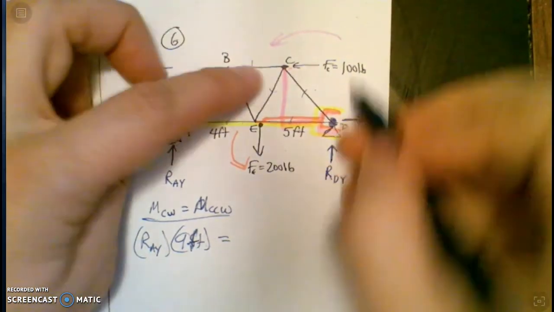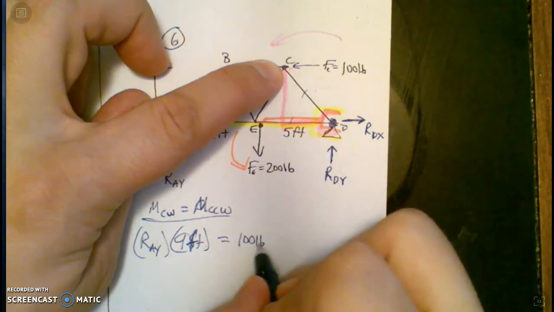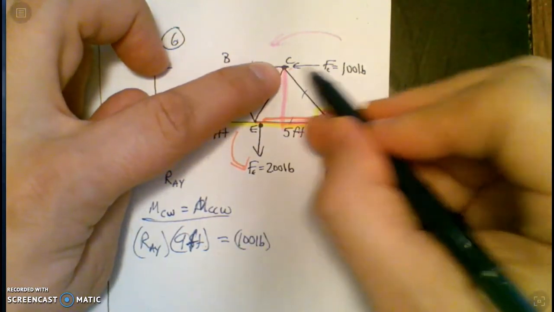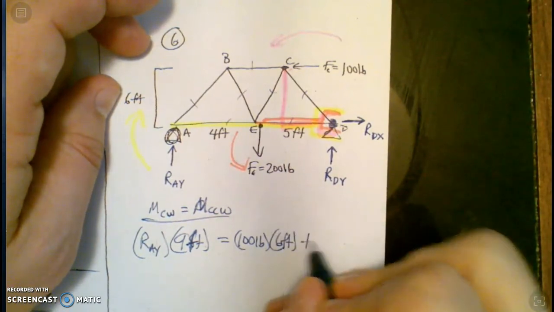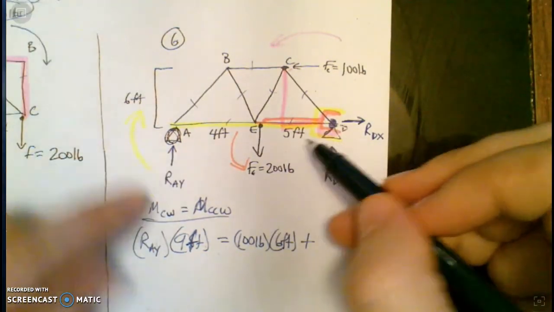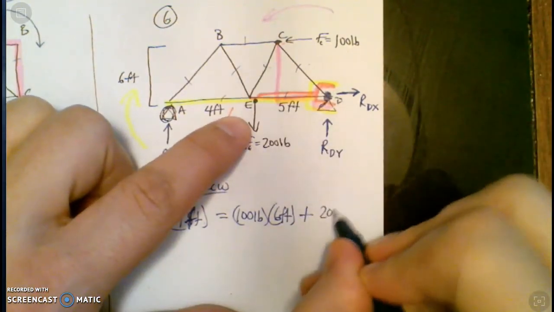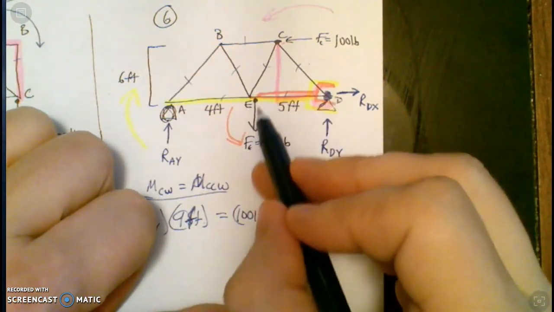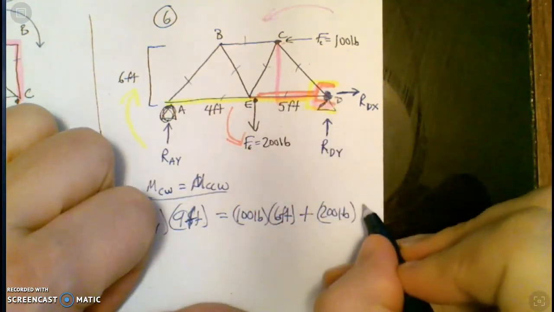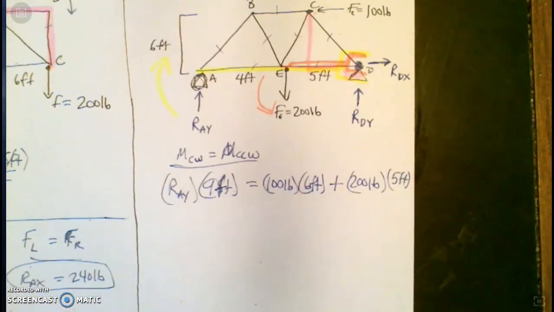So RAY times 9 feet equals 100-pound force times, remember, perpendicular is the height, so 6 feet, plus, and this is the first time we've had multiple spins, plus a 200-pound force times its perpendicular distance. Since it's a down force, I want this 5 feet. And now you can do the calculation from there.